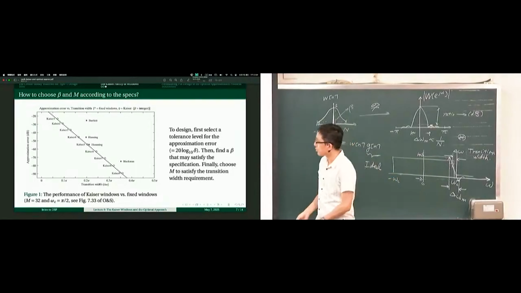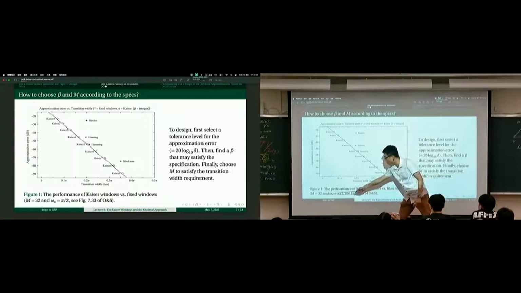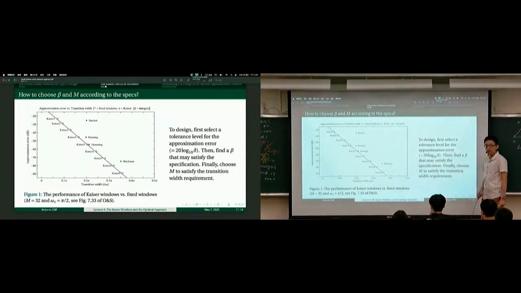Now you need to understand that for this particular plot, we are finding where these points are using the setup of M equal to 32. That's for the case of M equal to 32. So if you double M, what will happen?